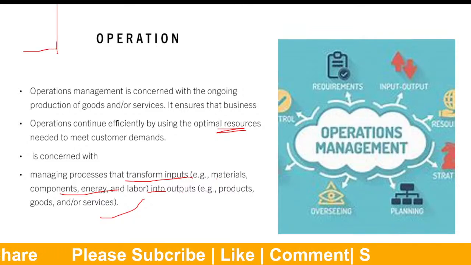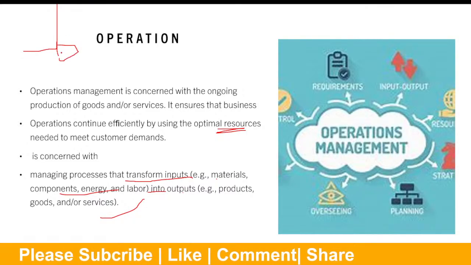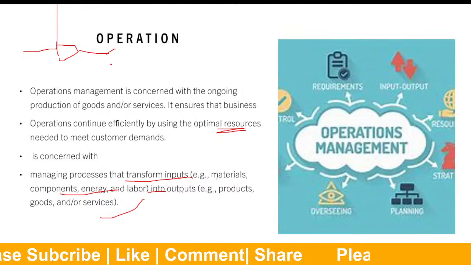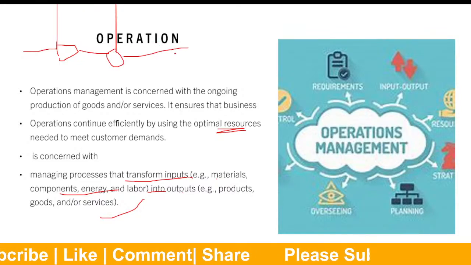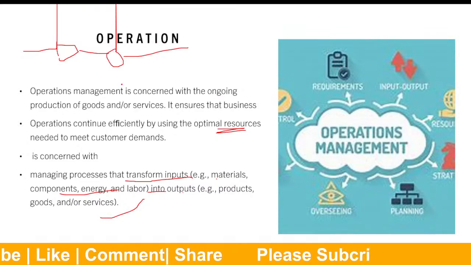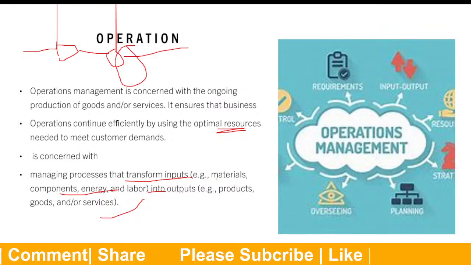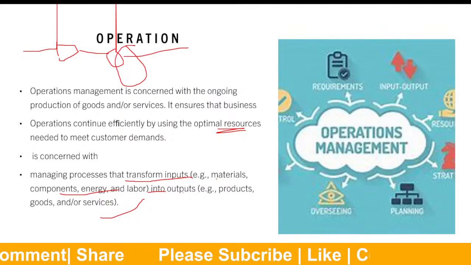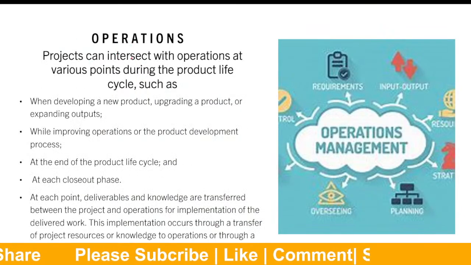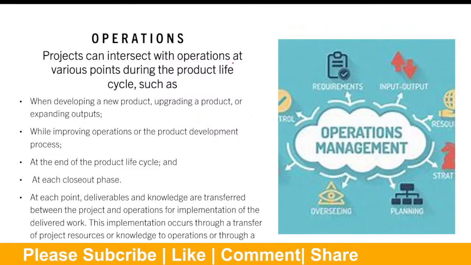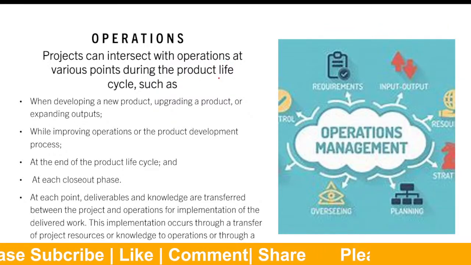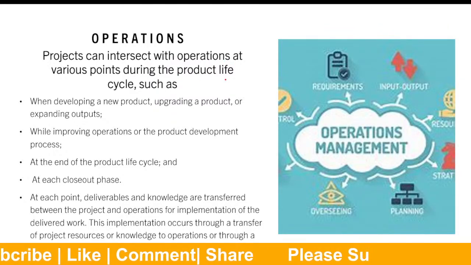Once a project is delivered, it is delivered to the operational people, the people that will manage the operation of what you deliver as a project. Projects can intersect with operations at various points during the product life cycle. All right.